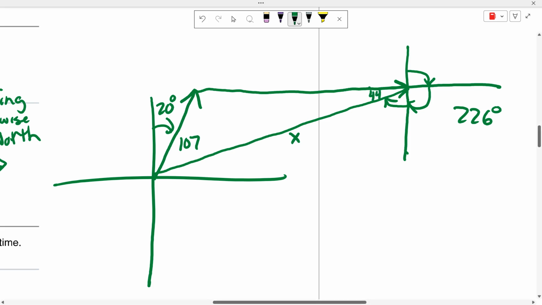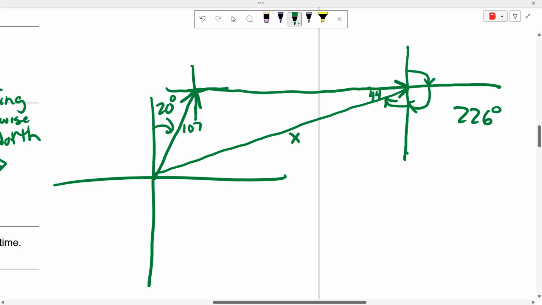How many degrees are there in a triangle? 180. Okay? I don't know this angle down here, because 107 is the length of the side. I need to know this angle too. But if this is 20 degrees right here, then this is 70 degrees here, but I need to know what that one is. Hey, you know what?